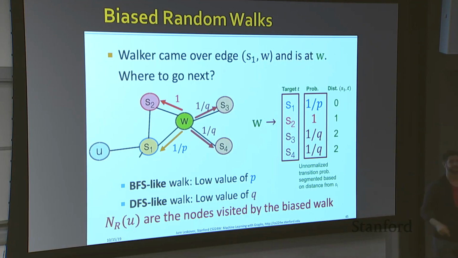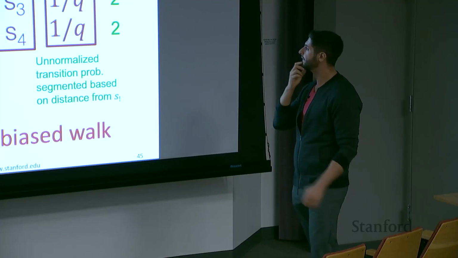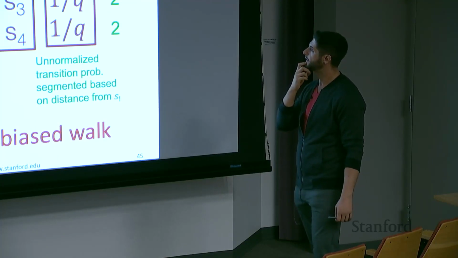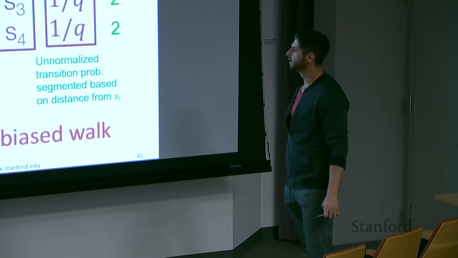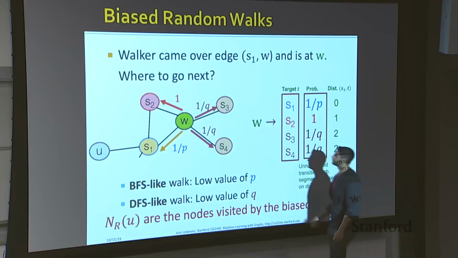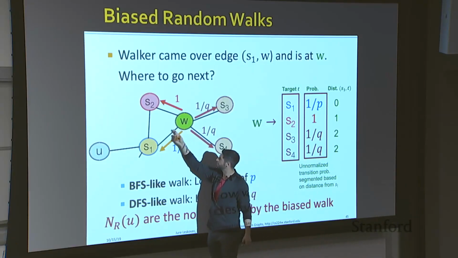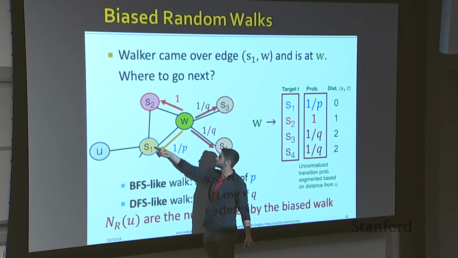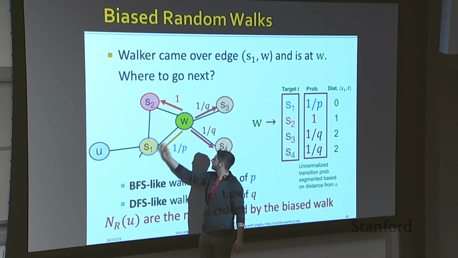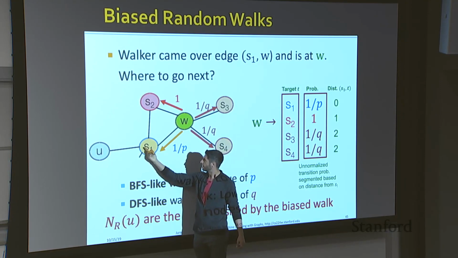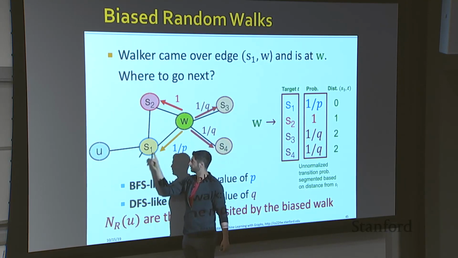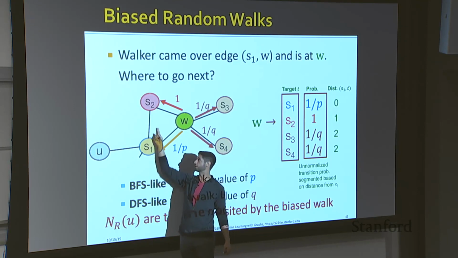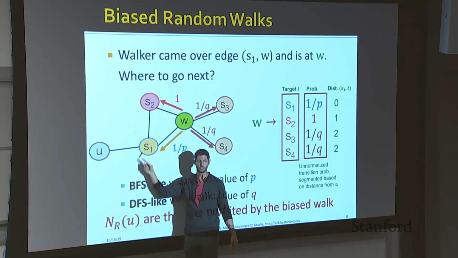Question? So why are we treating the case of going from W to S2 similar to going from W to S3 or S4? Is it just because this is from S1? Yes, so here basically these are all at distance 1 from S1, right? So in a sense you're saying if I move to S2 it is like I'm performing a BFS from S1. I'm trying to explore all the neighbors of S1, okay?